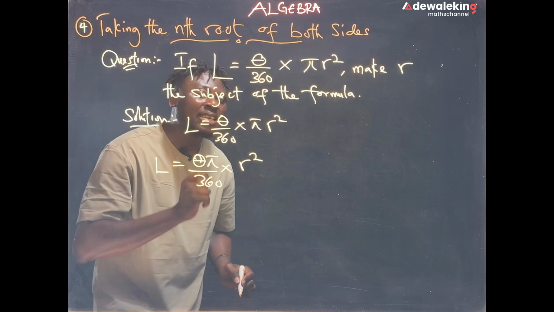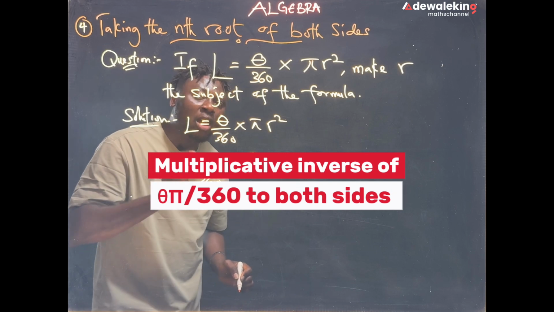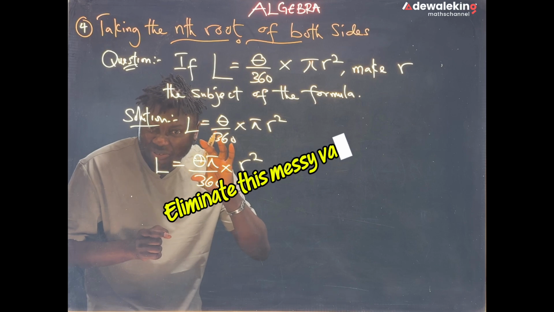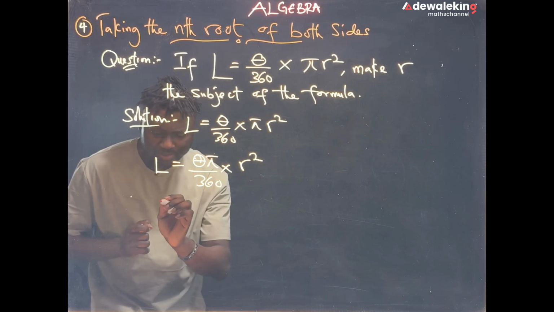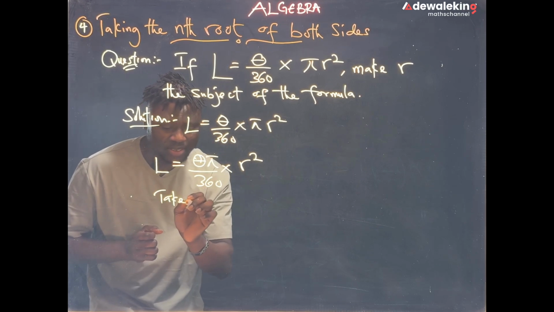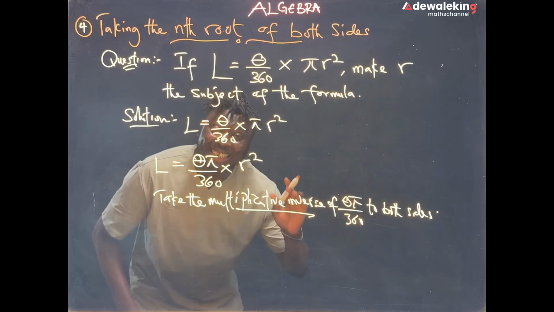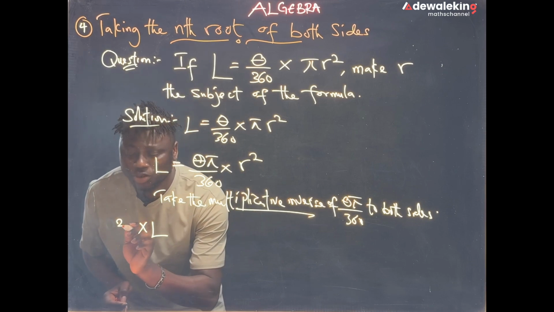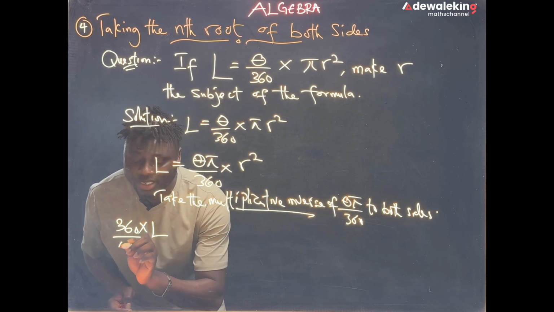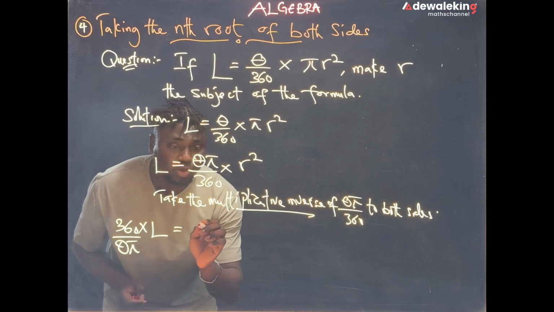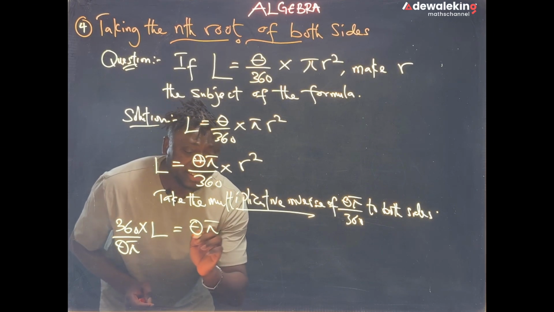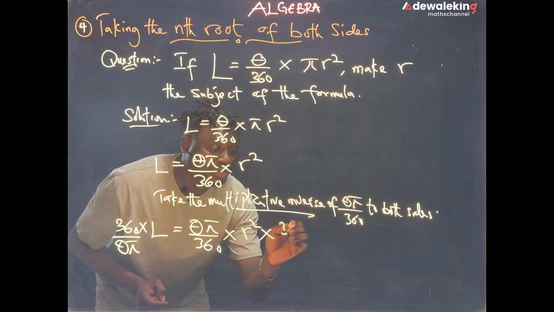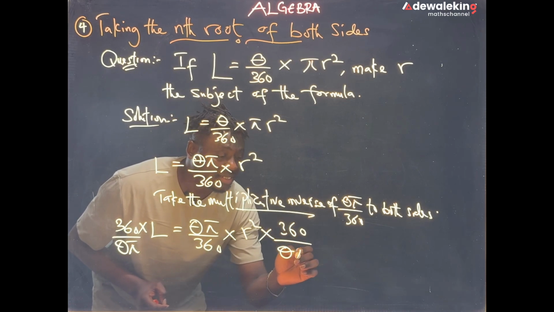Now we can take the multiplicative inverse of both sides to eliminate these messy variables. So say, you underline, and that will be L times 360 over theta pi, which is equal to theta pi over 360 times r squared times 360 over theta pi.